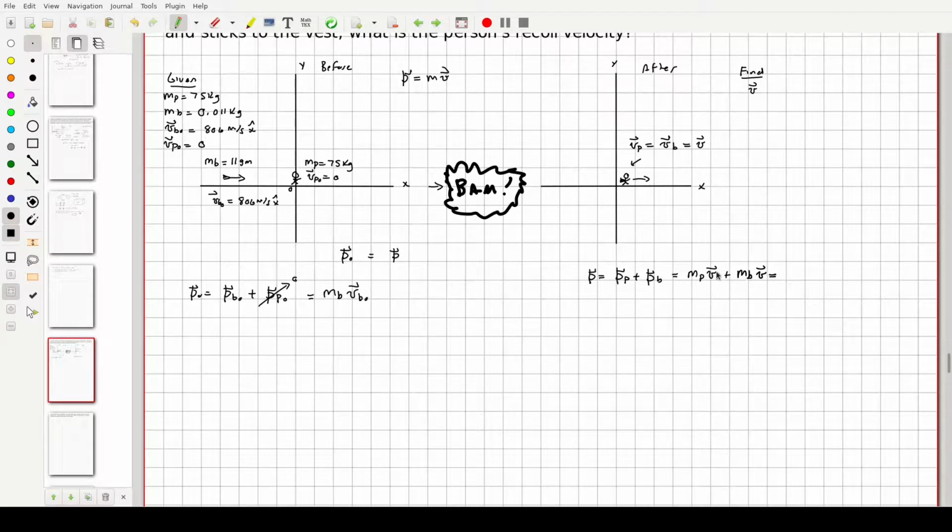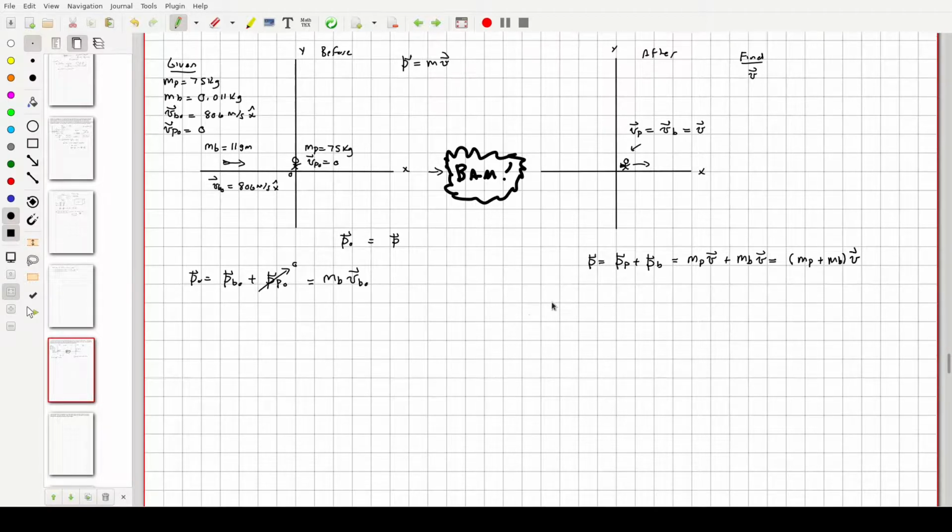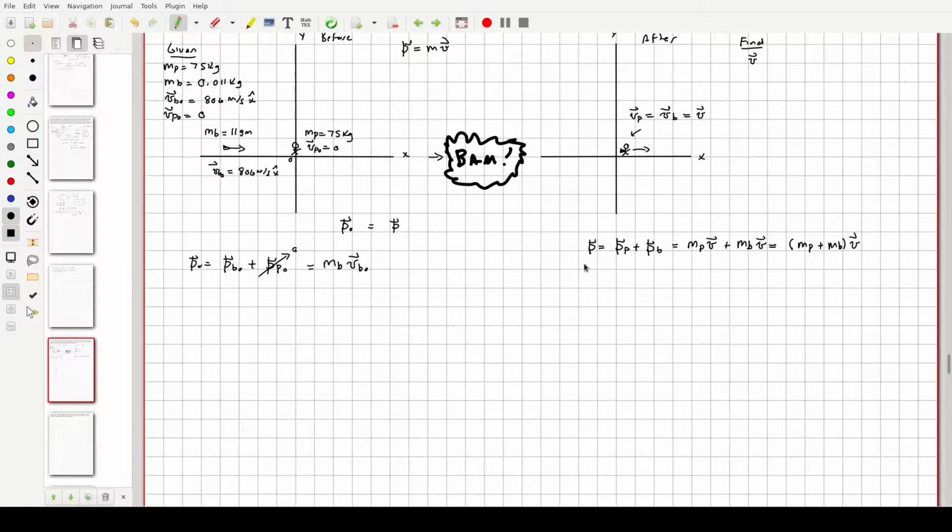If you notice, these both have the same vector, so it's just the mass of the person plus the mass of the bullet times v. Now, your initial momentum and your final momentum, the totals, are equal to each other. And so what that means is the mass of the bullet times the velocity of the bullet initially is equal to mp plus mb times v.